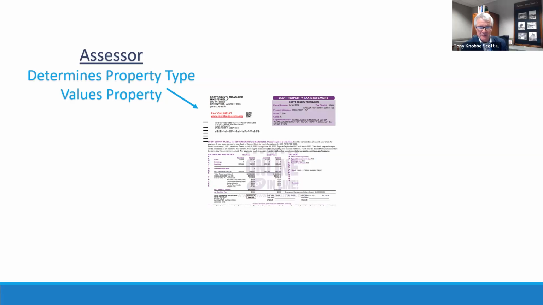That may sound simple, but they've got to classify that property as residential, multifamily, commercial, industrial, ag residential, railroad, utility, whatever that property type may be. It is the assessor's job to make sure they're accurate.